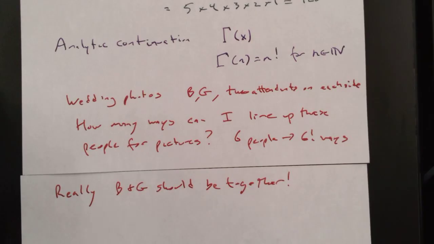Let's put them in a sack. That'll be fun, right? Bride and groom, kidnap them, off they go. Consider them one unit. And then instead of having 6 people, I really have 5 units. And one of them is the combined bride and groom.